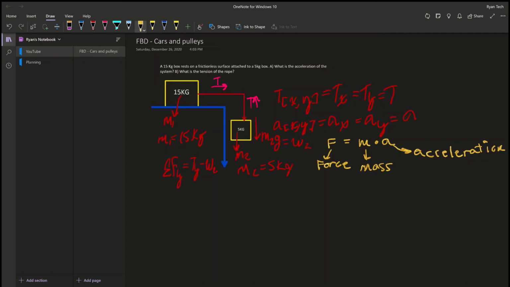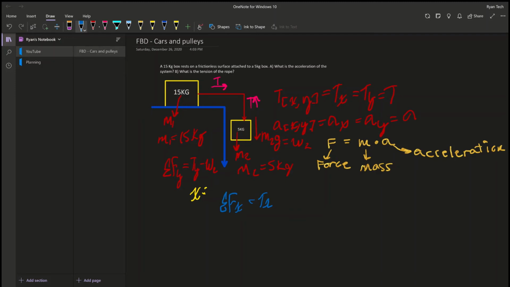So let's get started by using that logic in the horizontal direction. So in the horizontal direction, we can state that the sum of all the forces in the horizontal direction is only equal to the tension force.